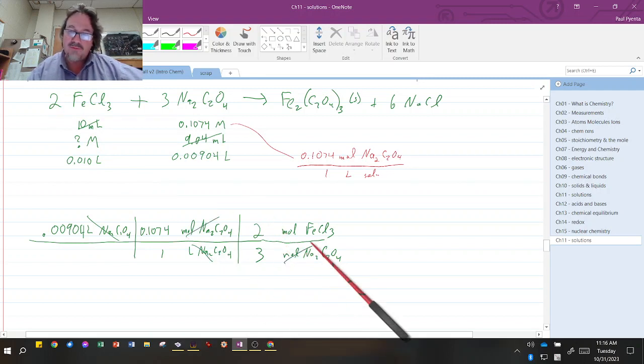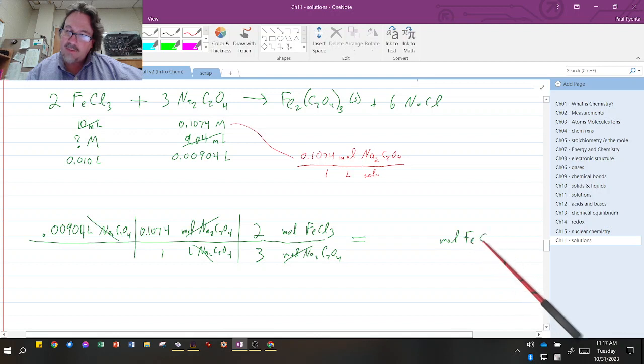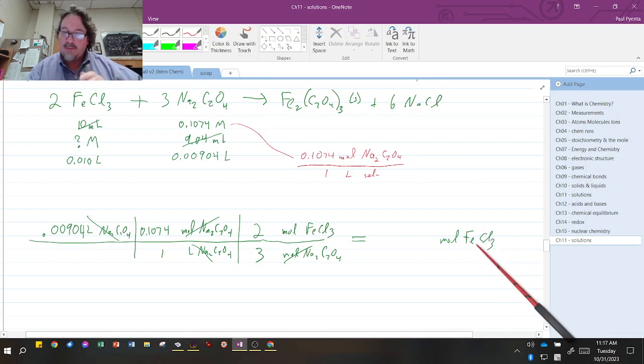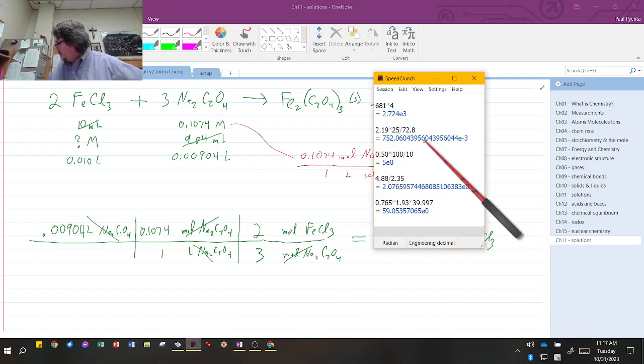So that cancels. So now I've got moles of iron 3 chloride. I'm going to put an equal sign right there. That will tell me exactly how many moles of iron 3 chloride was in that solution. And let's pick up our calculator and punch that through. 0.00904 times 0.1074 times 2 divided by 3.